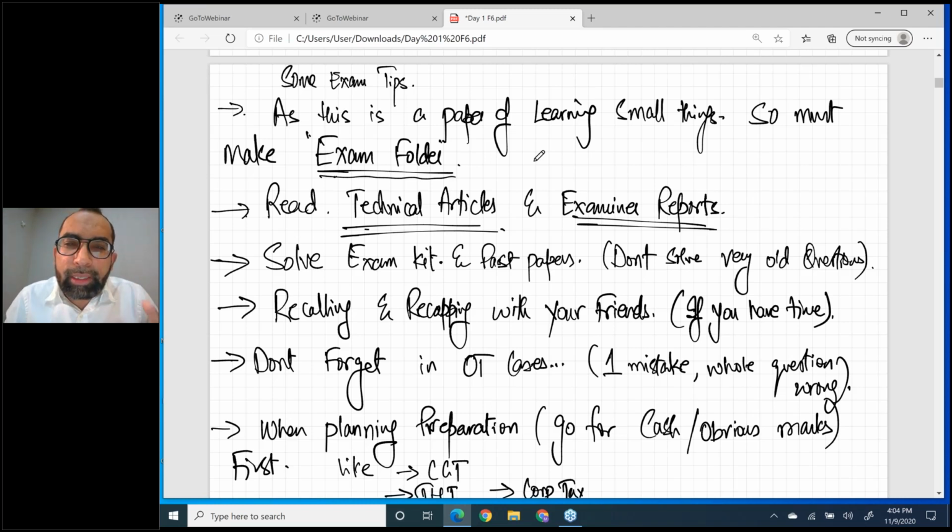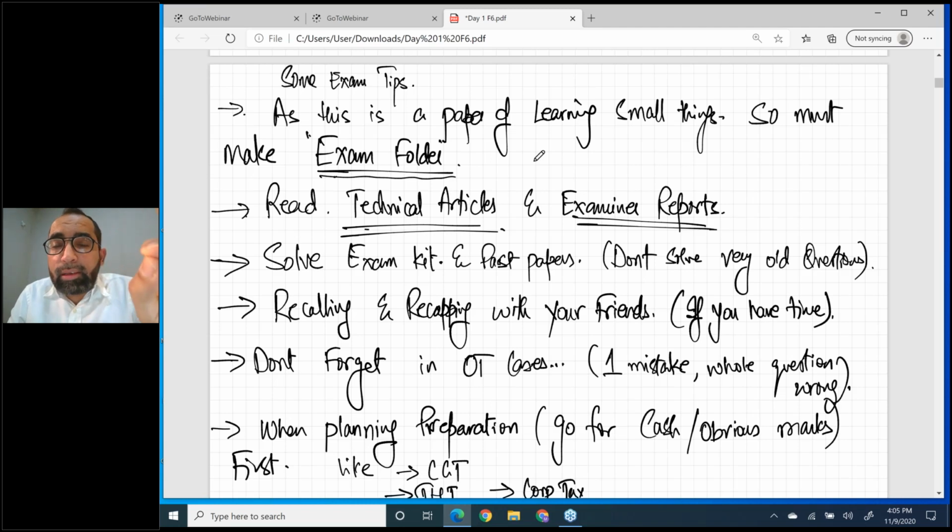Just think, let us say there are a total of 20 topics, so you will have 20 or 25 pages in the exam folder, one for each and every topic. Now you just have to see that folder written by you, so you can recall everything, because this paper is about recalling and recapping. So put it in your mind that the exam folder is very important.